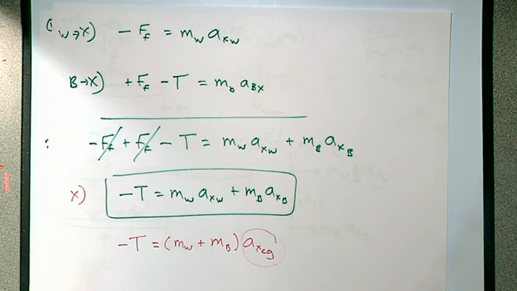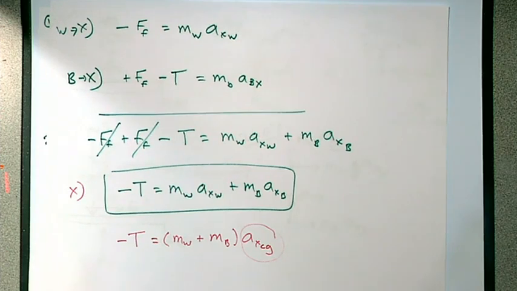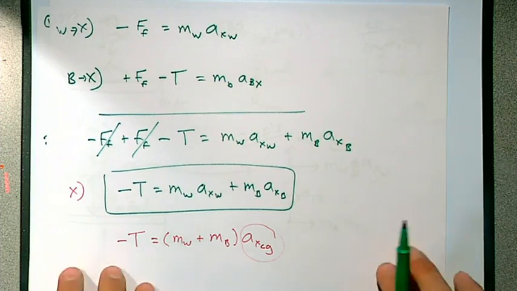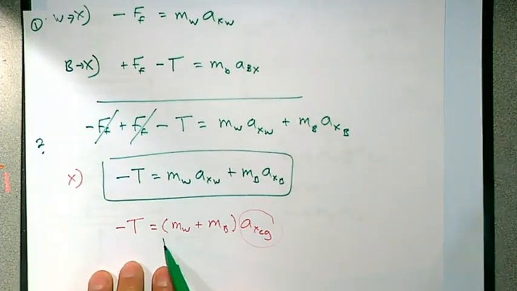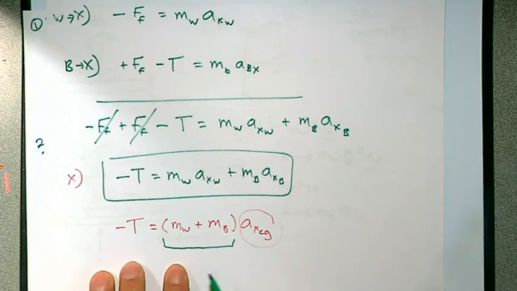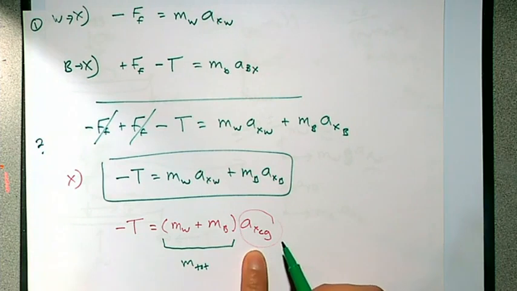Hey, this is what we wanted to show. We said, if I've got my total mass multiplied by its center of gravity, that's what we're doing in this case. This is my total mass multiplied by the acceleration at the CG.